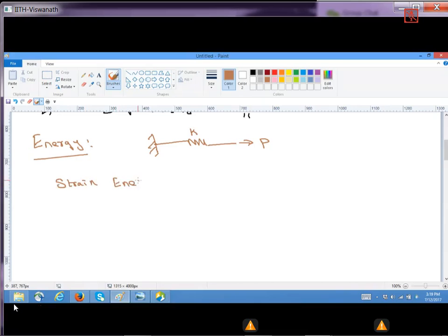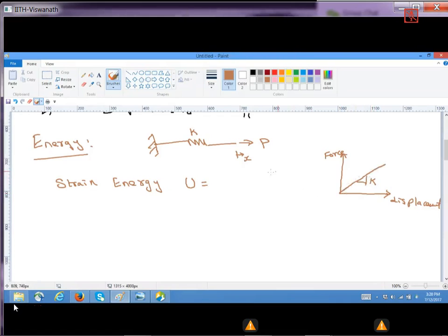Strain energy U is equal to what? Let's draw the curve. When there is no force, there is no displacement, and as the force increases, the displacement increases. So this is our displacement x. The force versus displacement curve is a linear curve, and the slope of this is k.